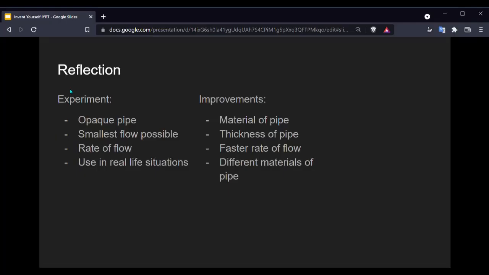Here are a few improvements we could apply to take this approach further. An issue we thought about was that this approach would vary significantly if the material of the pipe was changed. For example, if a metal pipe were used, it would spread the heat further down the pipe, and the water may not absorb enough heat for the temperature gauges to pick up. This might be fixed by moving the temperature gauges further away from the heat source and increasing the temperature of the heat source.